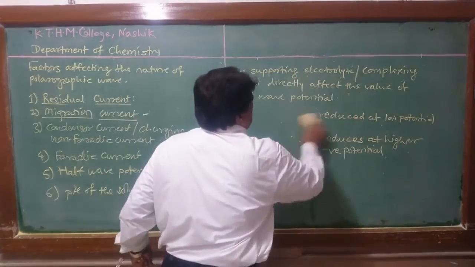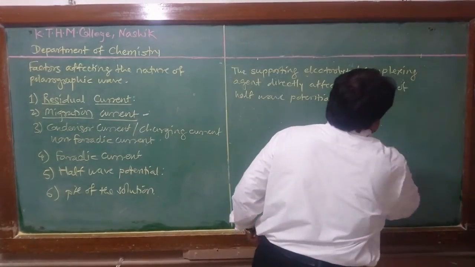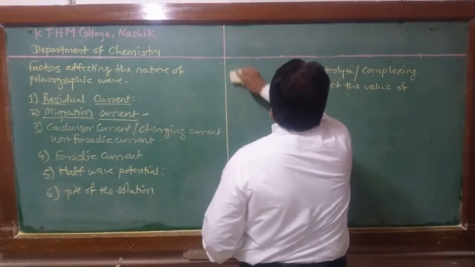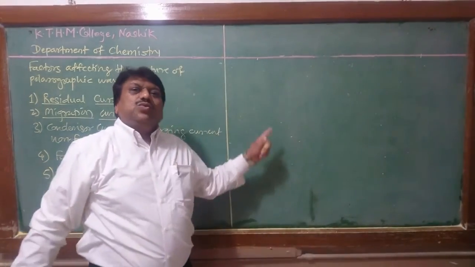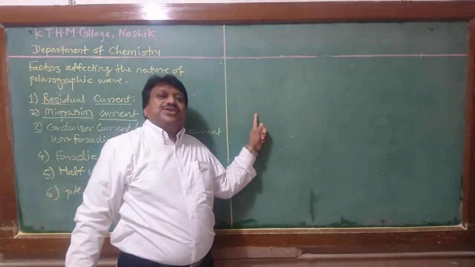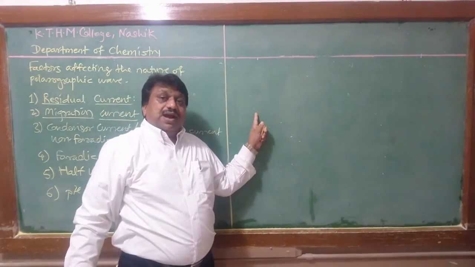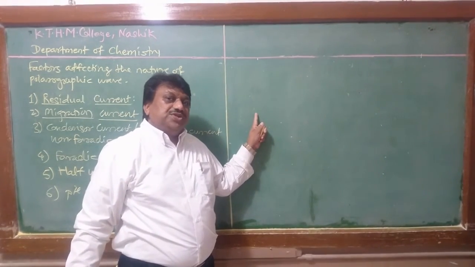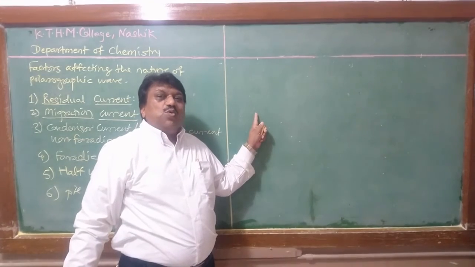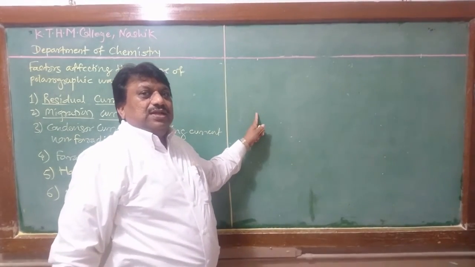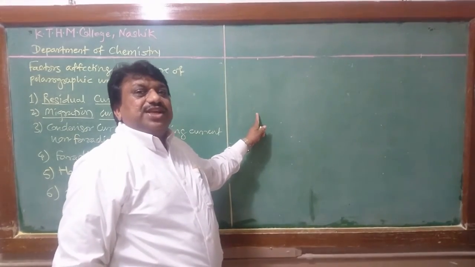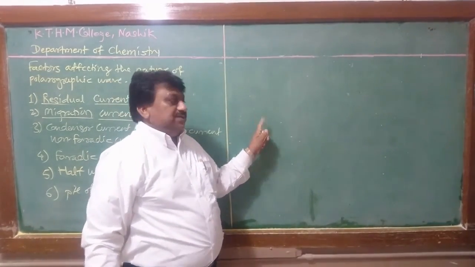If any reduction process in polarographic analysis takes place by taking H plus ion, then it decreases the concentration of H plus ion. At that time, pH of solution changes, and therefore we have to use a buffer solution which gives constant H plus ion for reduction purpose.